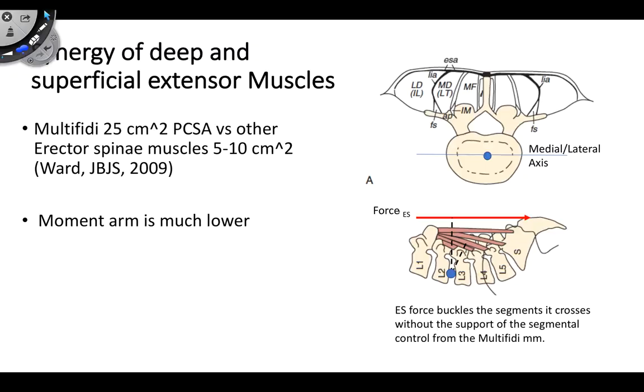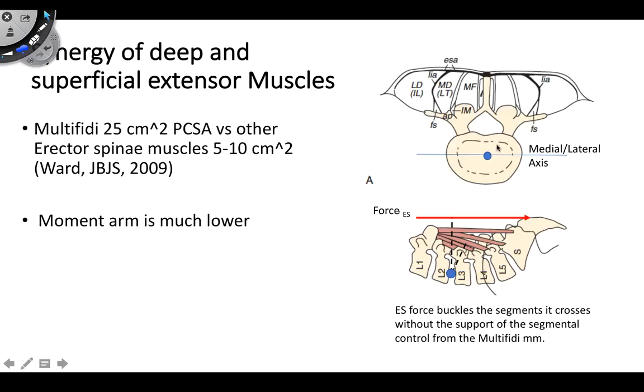So let's take a look now at why the erector spinae muscles may take advantage of the flexion relaxation phenomenon by holding the forward bending position with a stretch, and the importance of deep and superficial muscles of the spine during the transition period when we're coming out of forward bending and back to upright.